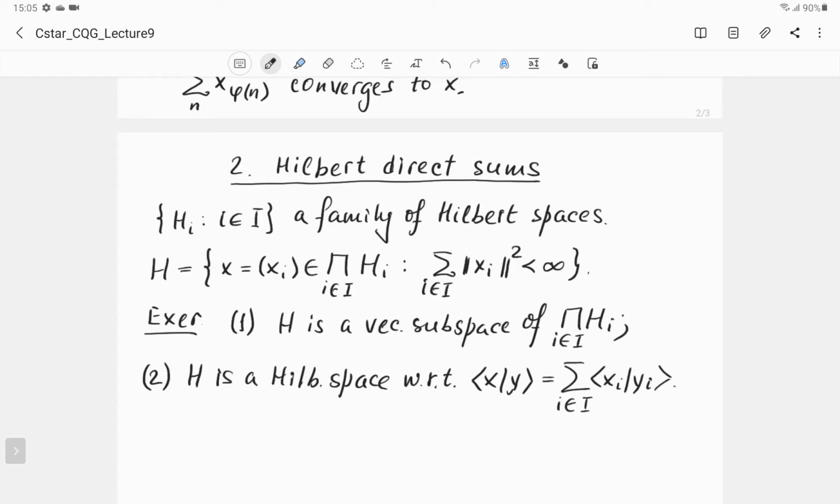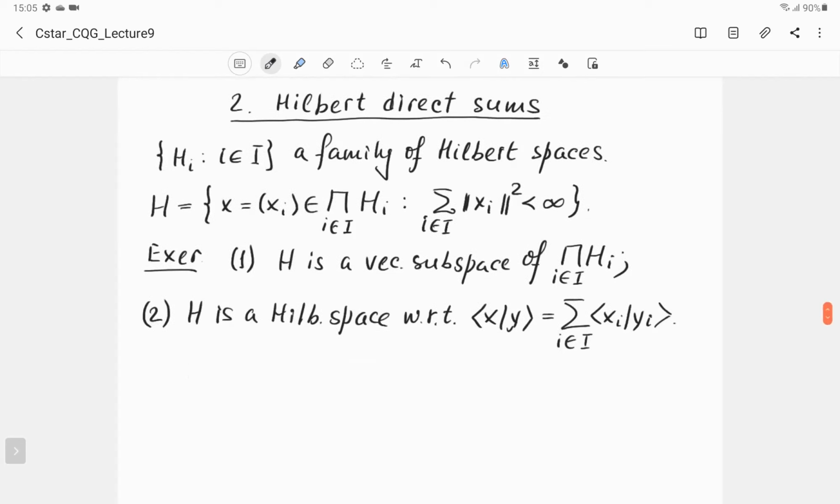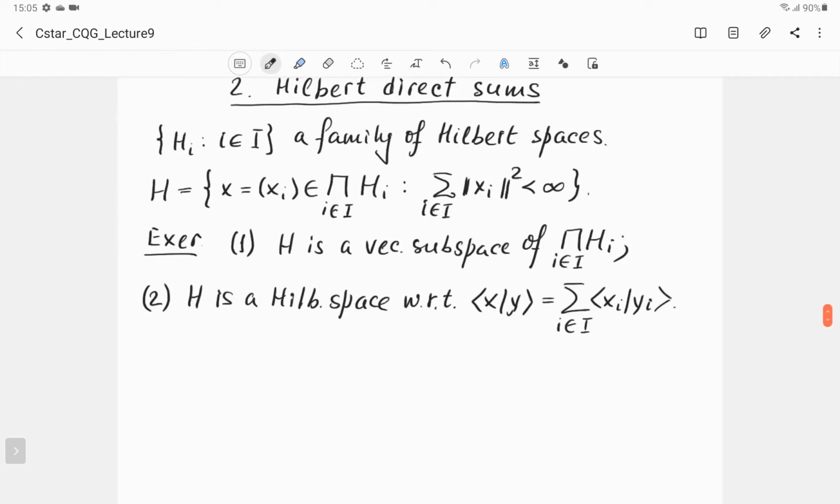So this is a simple exercise for you. Okay, so we get a Hilbert space, and the space is called the Hilbert direct sum of our family.